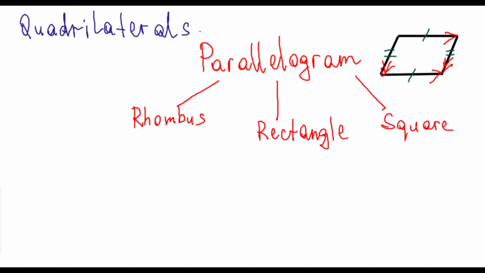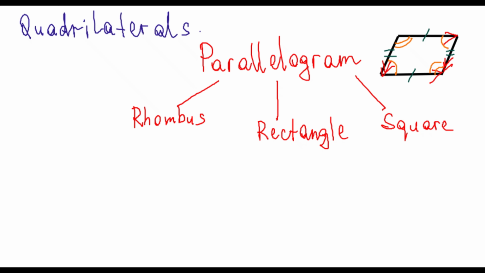These opposite sides are same and these opposite sides are same. And also in parallelogram, the opposite angles are same. There are one pair of acute angles and one pair of obtuse angles.